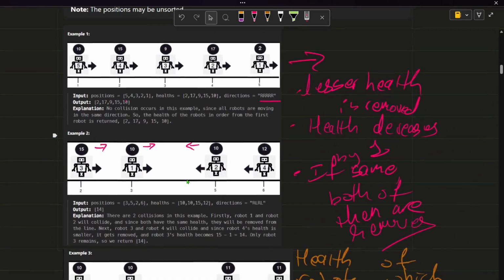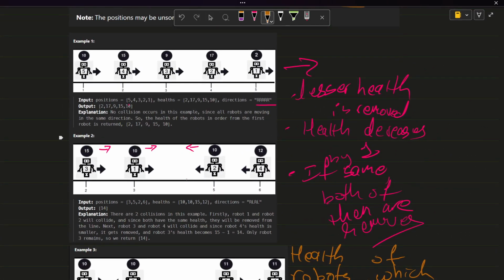For example, see, these are the positions given on a random basis. This is not the index. This robot is at position 5, this is at position 4, so these are basically the positions.